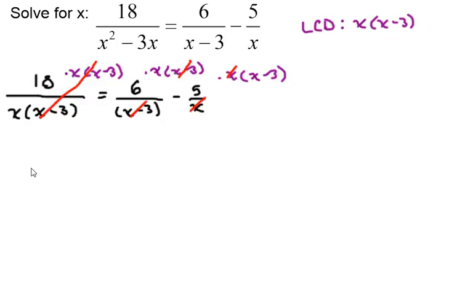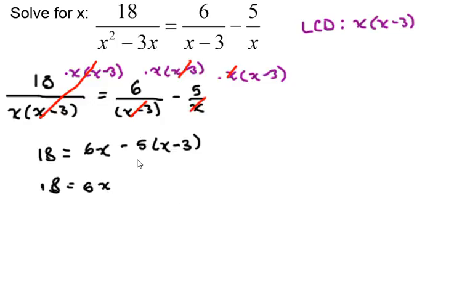So now what I'm left with is 18 on this side, and I've got 6 times x left on top here, and I've got 5 outside of x minus 3 left there. So I'm going to further simplify this a bit. I'm going to have 18 equals 6x.